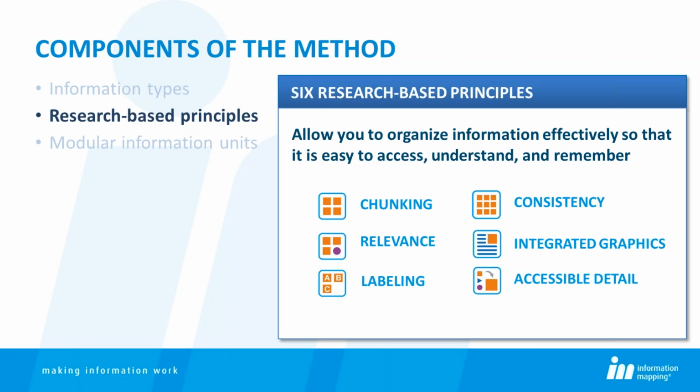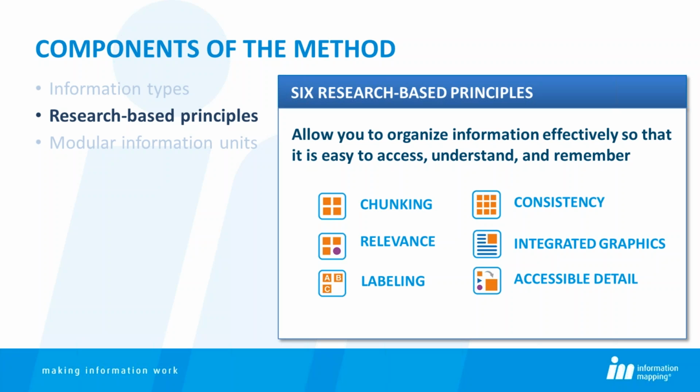Then we have the relevancy principle, which is to keep relevant topics together. We have the labeling principle, which I mentioned earlier in the before and after document I showed you. So it's to provide content-specific labels so the user can scan the document quickly. There's the consistency principle, so it's providing the same information the same way each and every time, and I'll go into that in a little more detail in a moment.